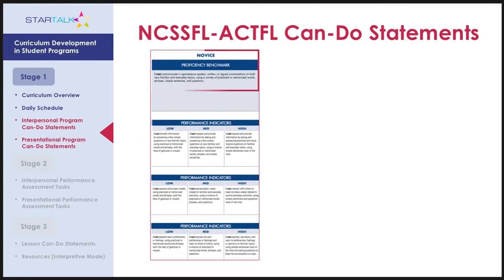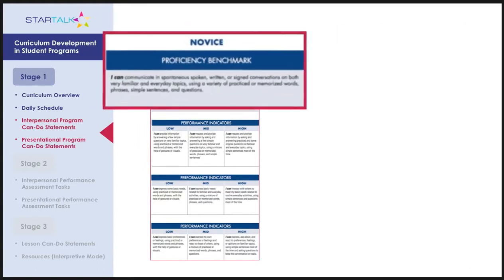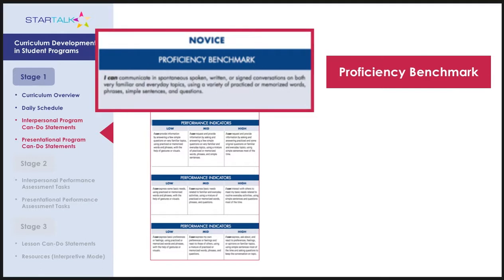The proficiency benchmark that you see here at the top gives the range of performance for novice without breaking it down in any way. So this is what novice learners are expected to be able to do.